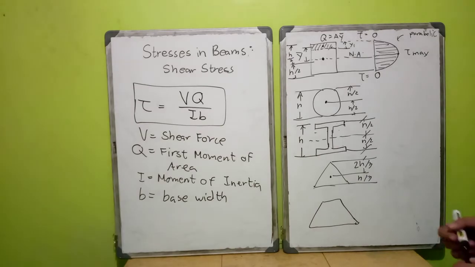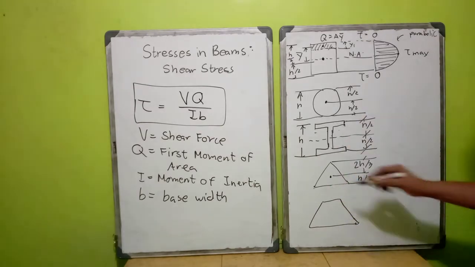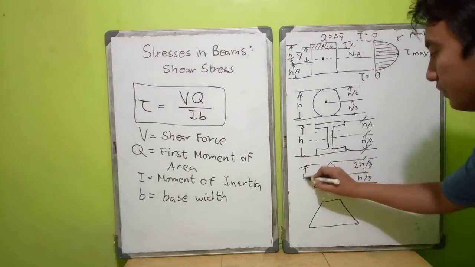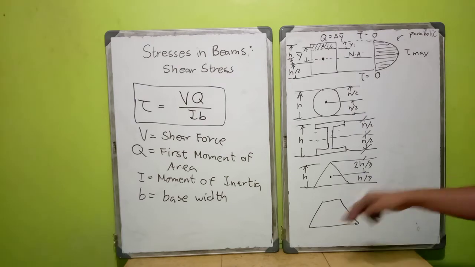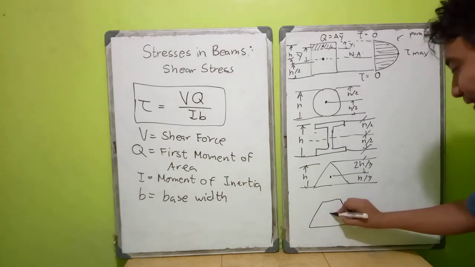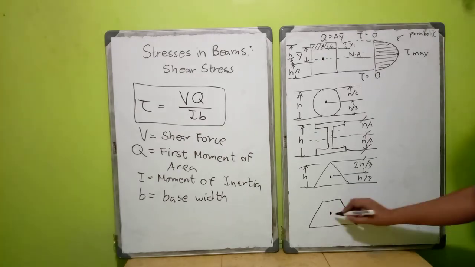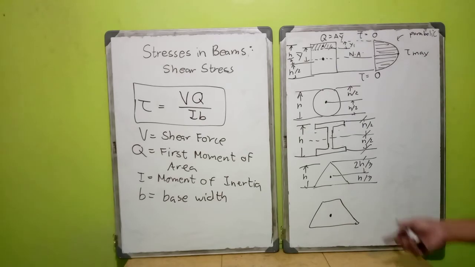But it is different if this triangle is turned upside down. And then, most probably, for your trapezoid, you need to compute first.